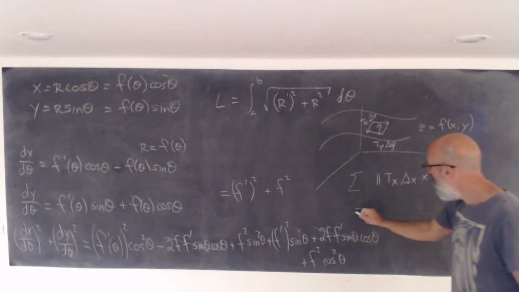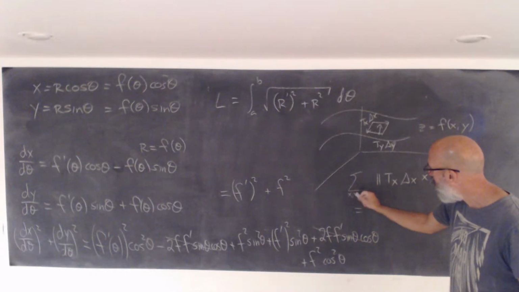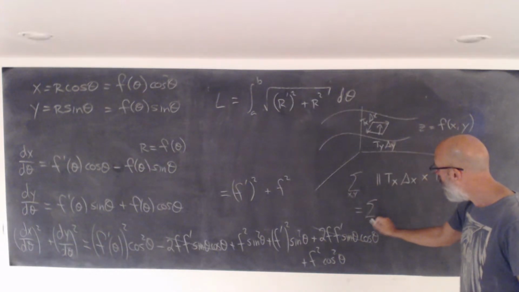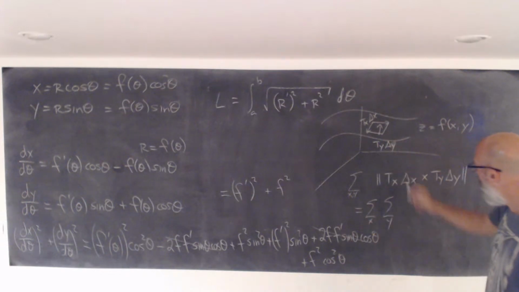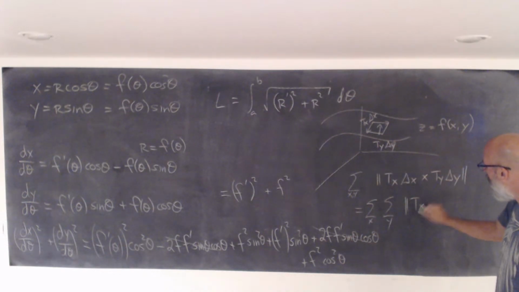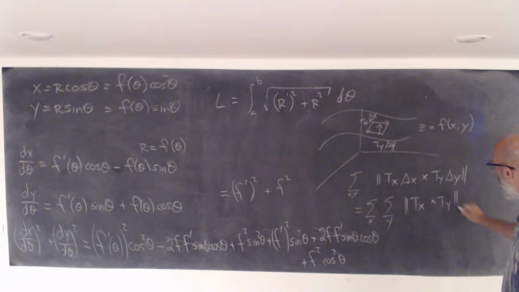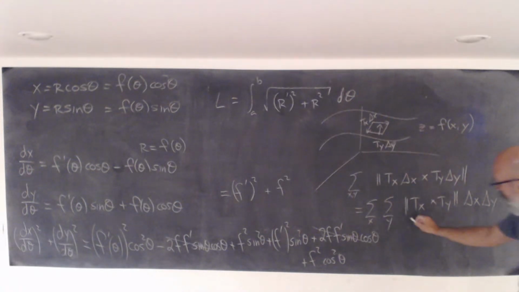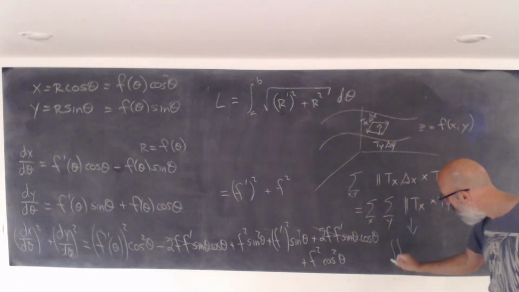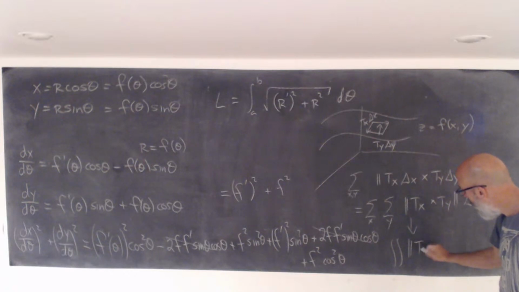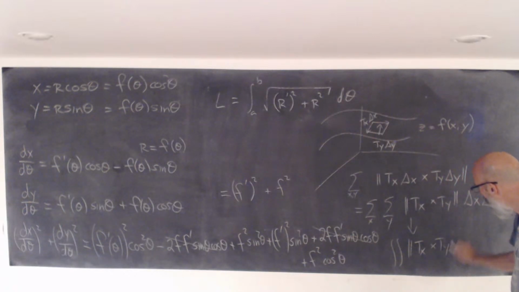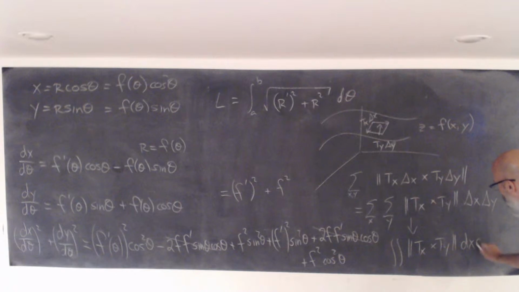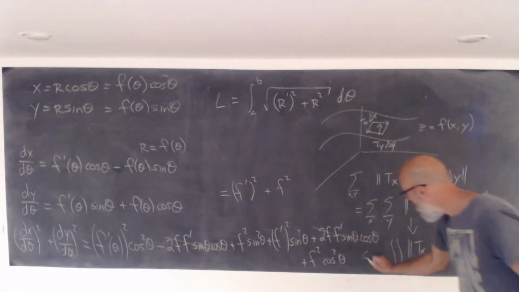So this, where you're adding over x and y, this is tx cross ty, delta x, delta y, and you're done. As delta x and delta y get smaller and smaller, this becomes the double integral, tx cross ty, dx dy. This is your surface area.